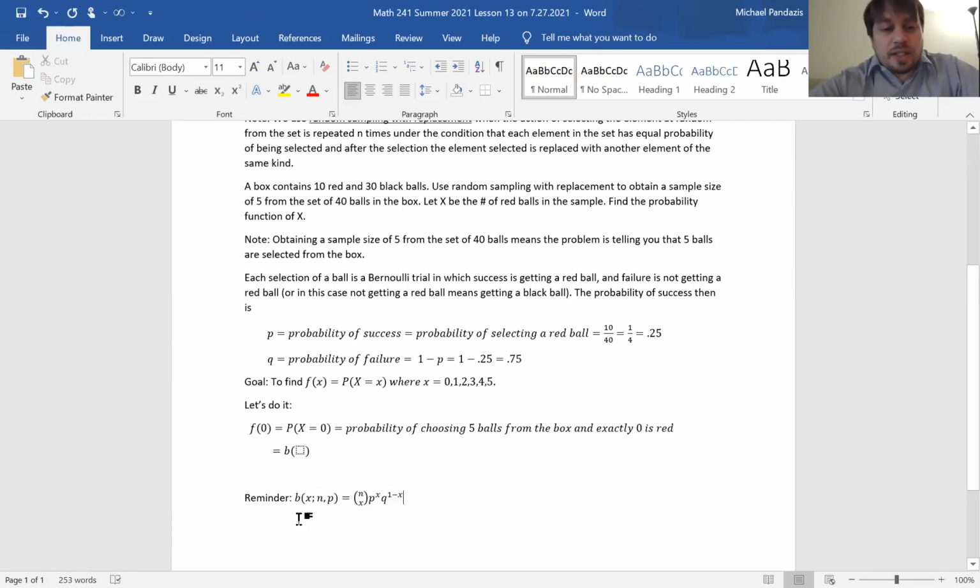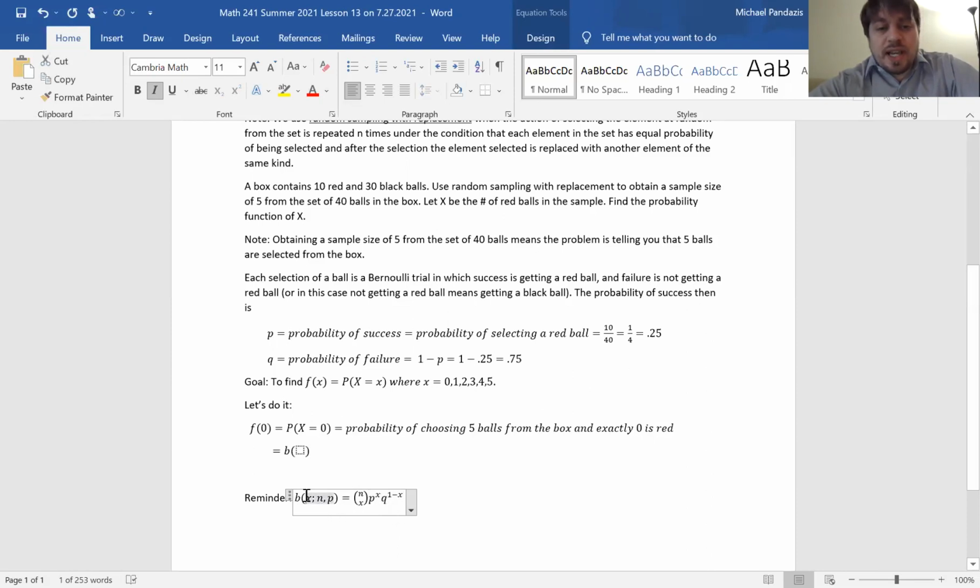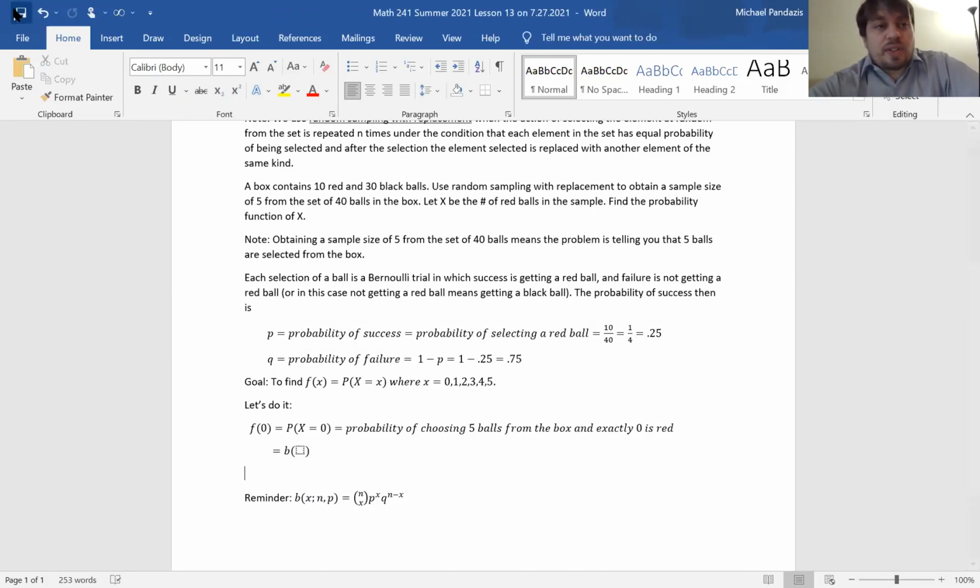You succeed x times, and the probability of success is p, so p to the x, and the probability of failure is q, so if you succeed x times in n Bernoulli trials, you fail n minus x times. So that's the formula, and we're going to use it. But first, we're just going to do the step of finding what's the notation for the thing that gives us this probability.